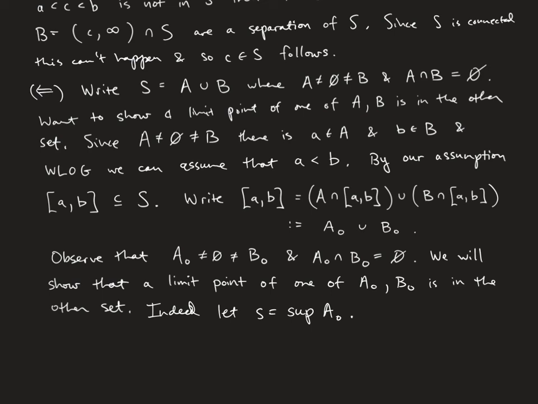So since B bounds A naught above, we have that S is less than or equal to B. And so S is, of course, in this interval from A to B. So thus, S is in one or the other of these two sets.